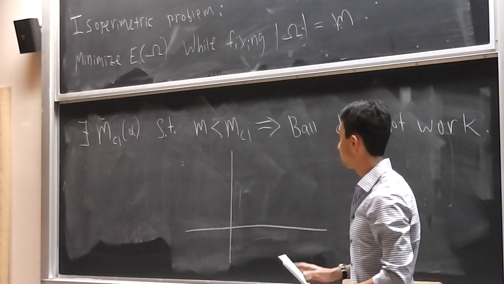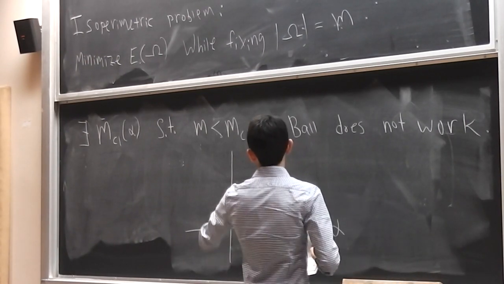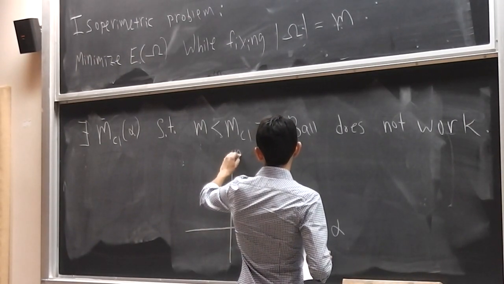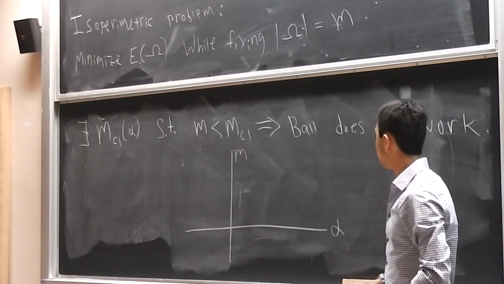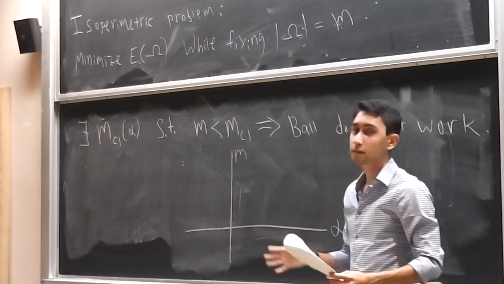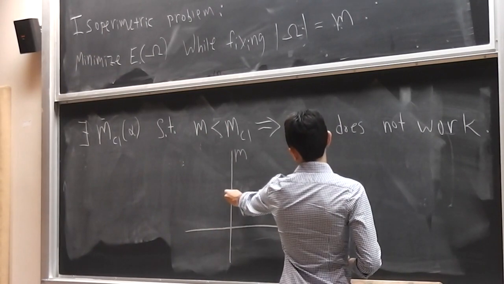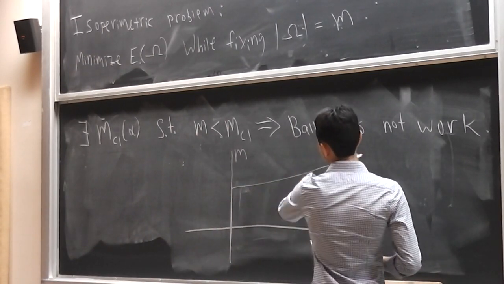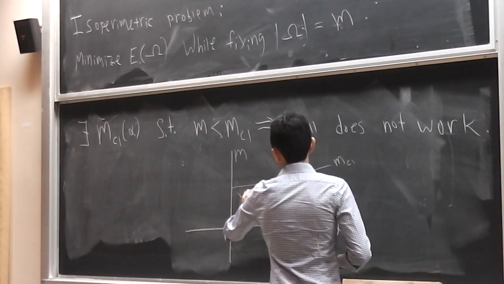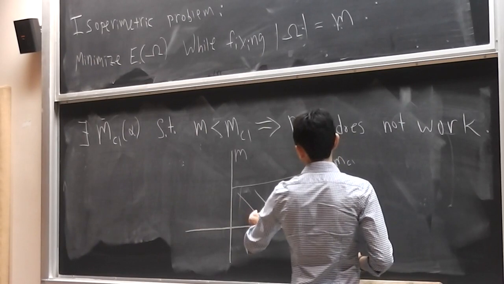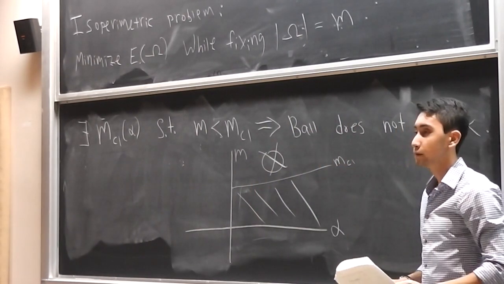The two parameters here again are alpha, the exponent in the integral of the energy, and m, which is just the area of the set. For each alpha and m, we have a different isoperimetric problem. So that tells us that there's some curve MC1, so that below this, above this, you can't have a ball. That's the solution to this problem.